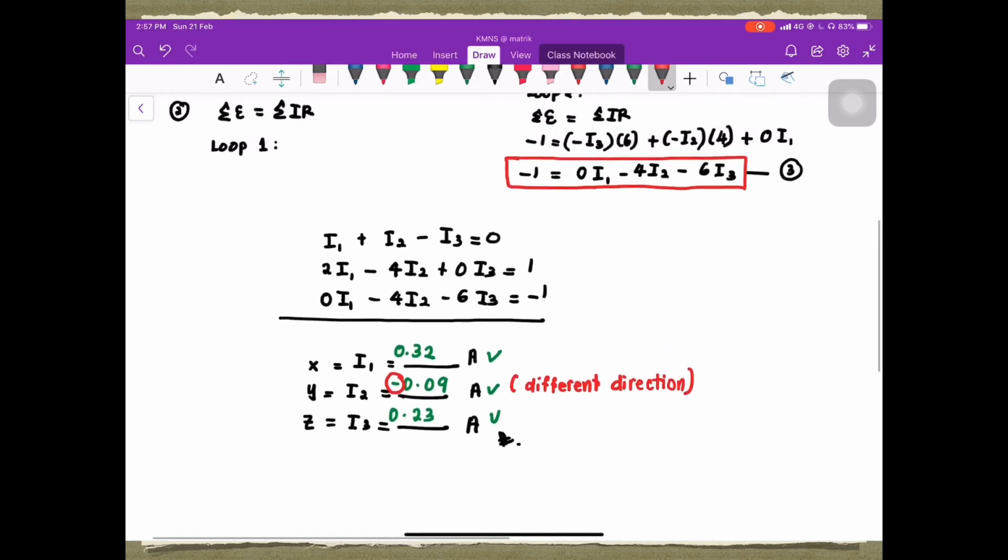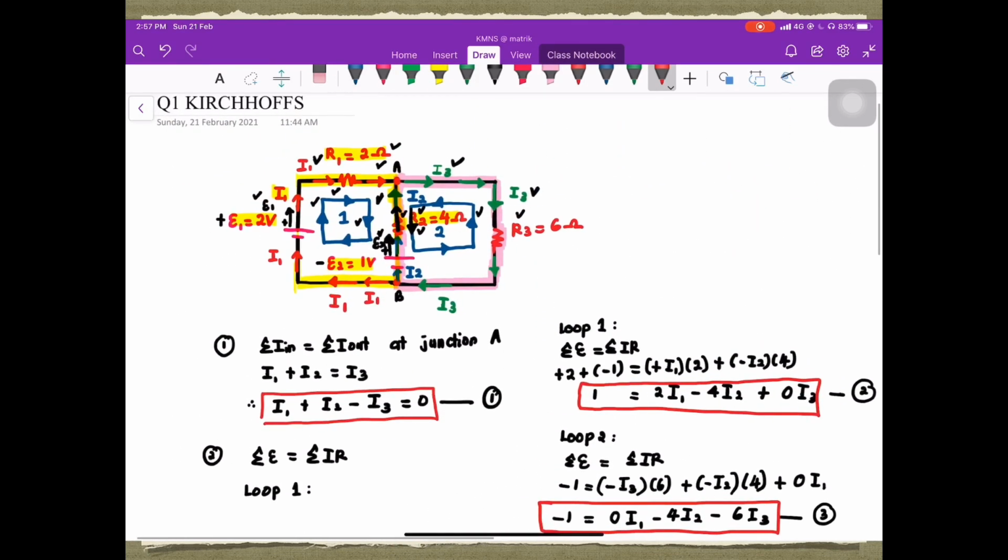Look at your I2. Referring to the original diagram, I2 is upward. When you calculate I2, we actually get negative, right? Negative means the direction of I2 should be opposite to the original diagram. The original diagram gives I2 upward, but actually I2 is going downward.